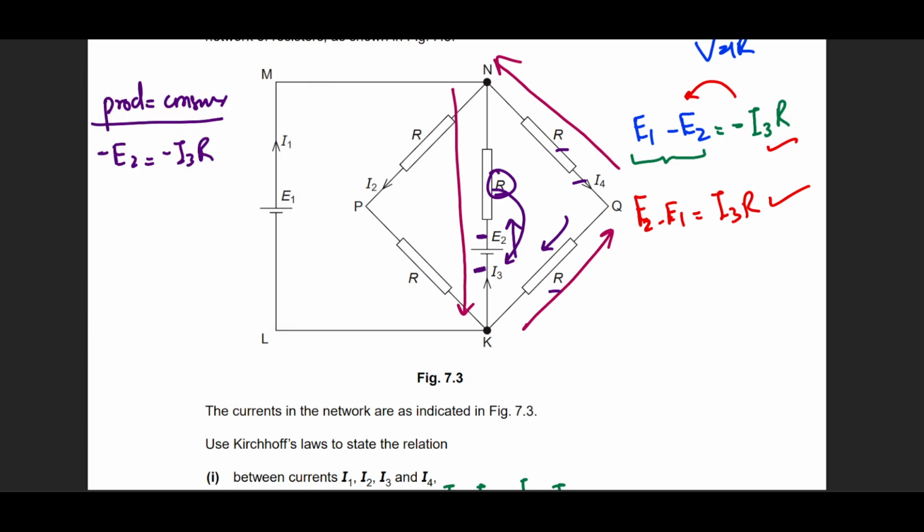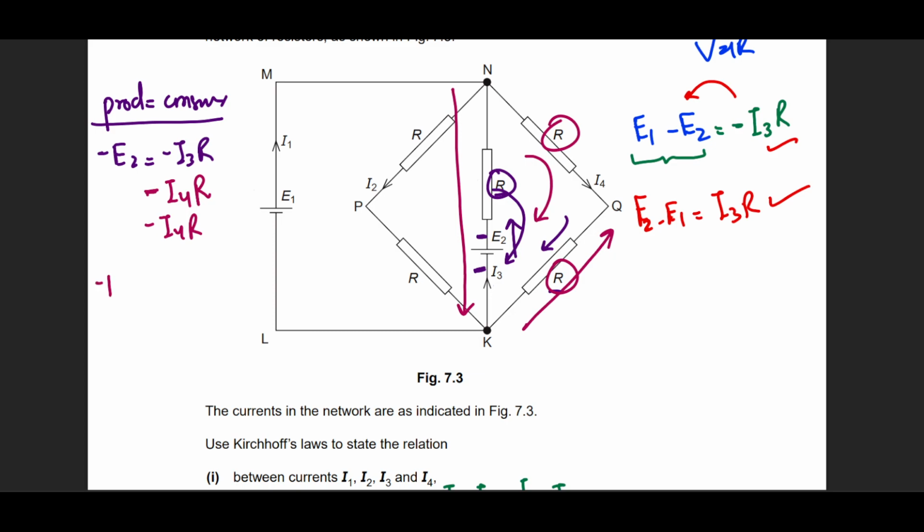Similarly, on the other hand, we have I4 moving like this, but the loop is moving like this. So I4 will be negative. So this will be minus I4 with R plus this. Once you've dealt with the first R, you then have to encounter the second R. So this will be minus I4R again.